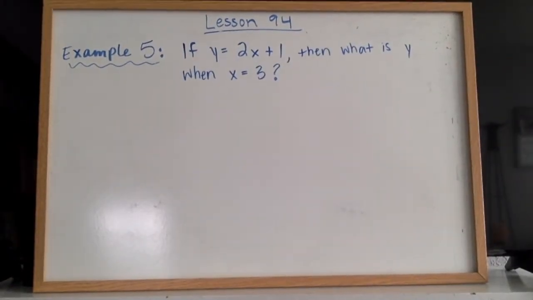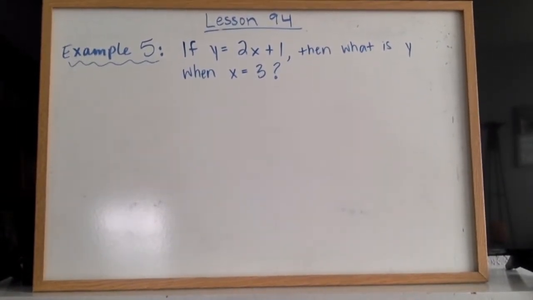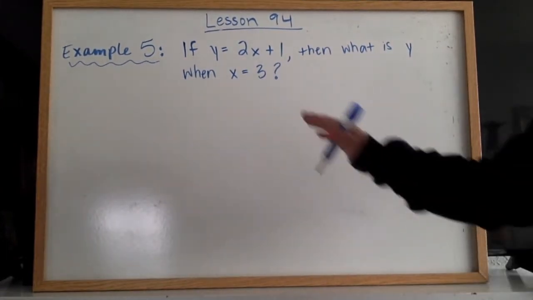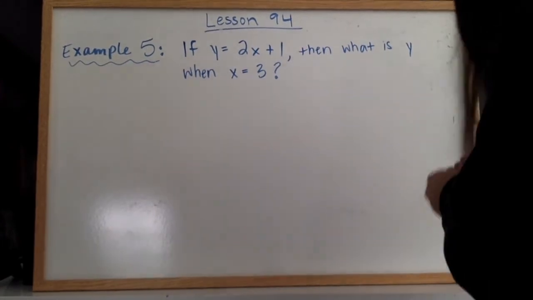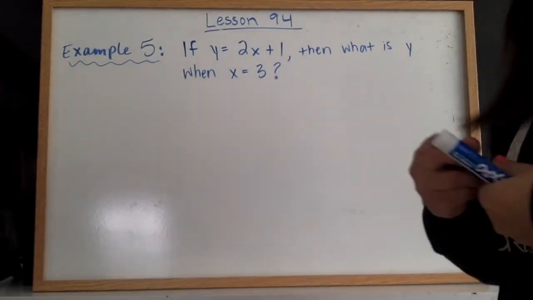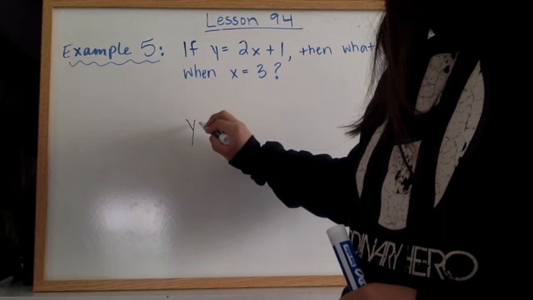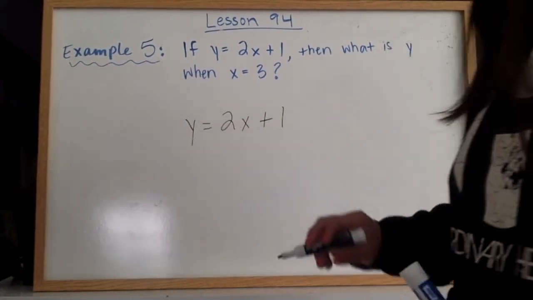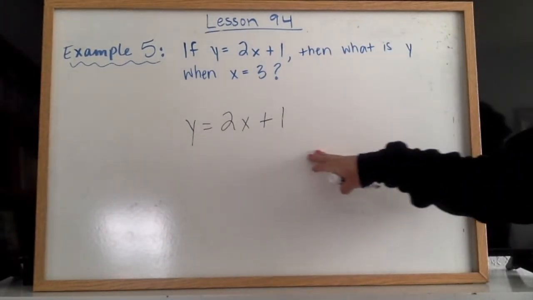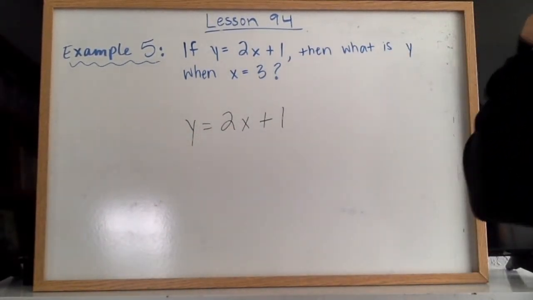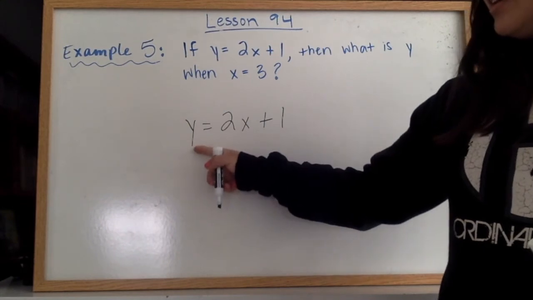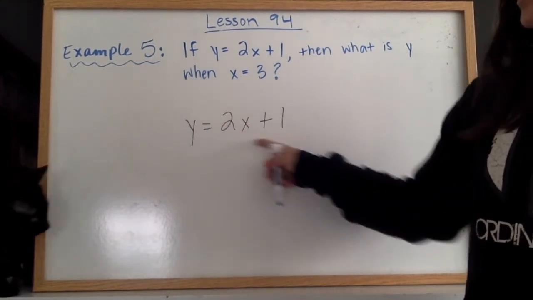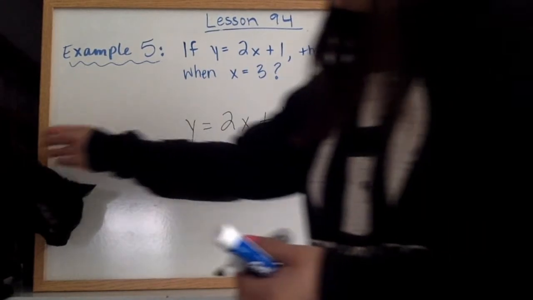Example 5. If y equals 2x plus 1, then what is y when x equals 3? So when we're given a problem that involves a y and an x like this, y equals 2x plus 1, this problem set up tells us that y is equal to this if we know what x is.